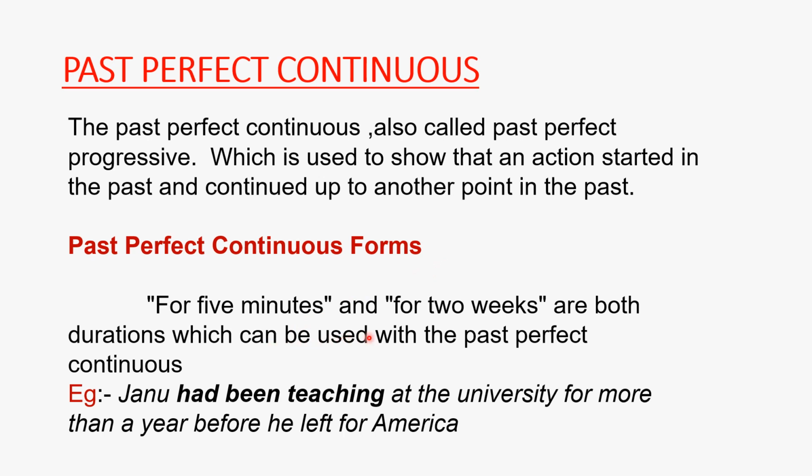For 5 minutes and for 2 weeks are both durations which can be used with the past perfect continuous. For example, Janu had been teaching at the university for more than a year before he left for America. Here we are talking about two time durations. This is the past perfect continuous form.